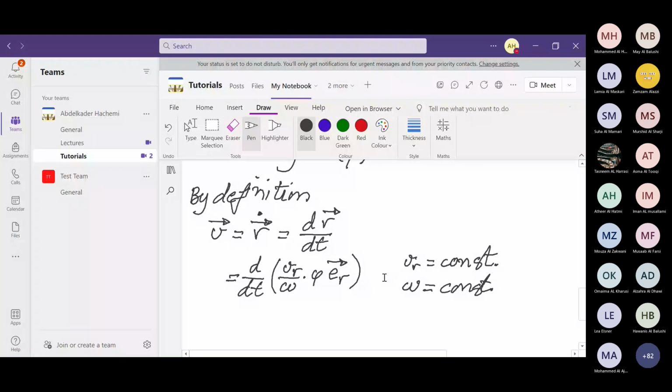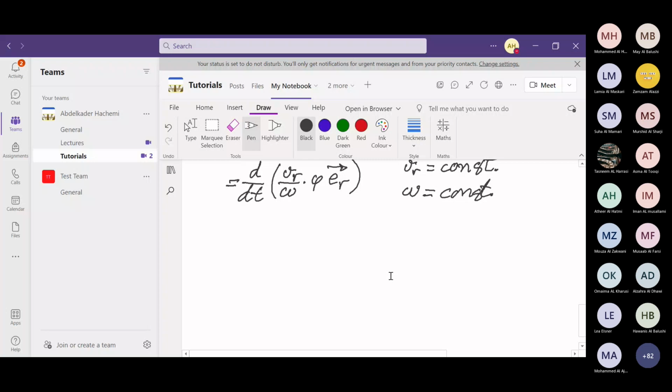Then in this case, we can write the time derivative of the term, and we have three, let's say, terms. They have this ratio VR divided by omega. We have phi, which also depends on time. If we differentiate, d phi over dt is only phi dot. And we have also ER, and ER is changing also with time.